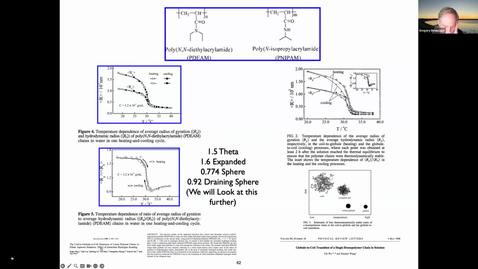This paper is from 2008 or so. They showed that you could do this just by changing the chemistry. So this is meant as a model of how you could have a synthetic polymer and then a biopolymer kind of behavior.